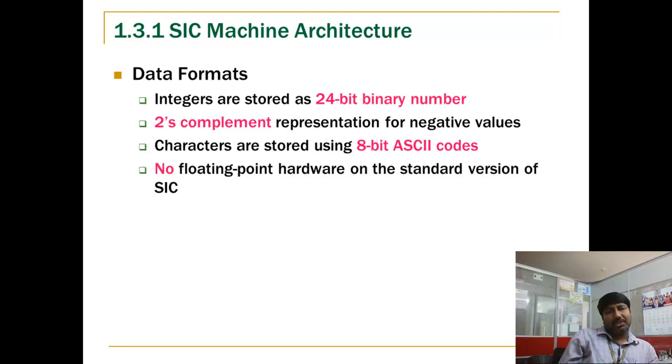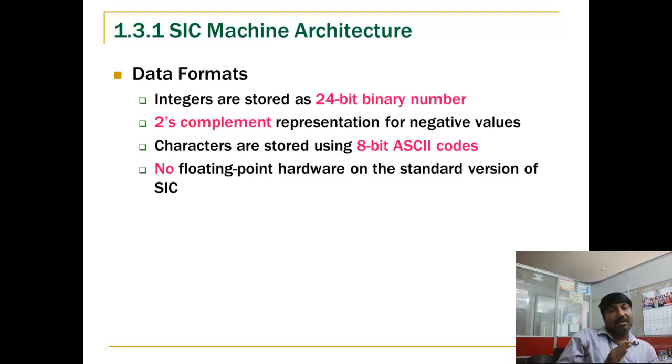Integers are stored as 24-bit binary numbers. We will accept 2's complement representation. Say if you want to use a negative number for binary operations like addition, sometimes subtraction also requires it. If you want to subtract a number, 5 minus 7, how will we do that? 5 plus, within the parenthesis, minus 7, that's the interpretation.